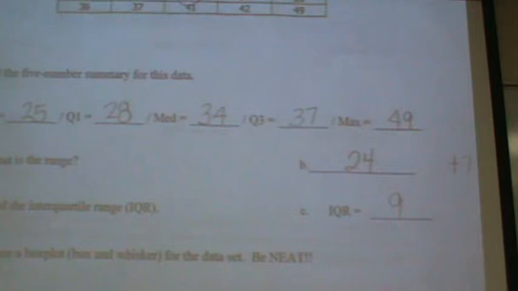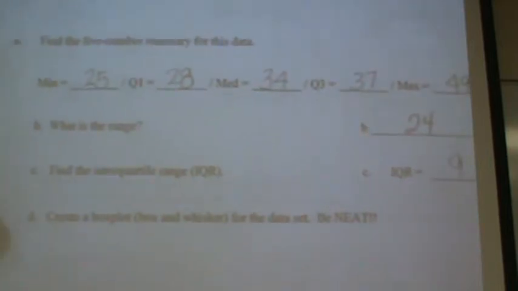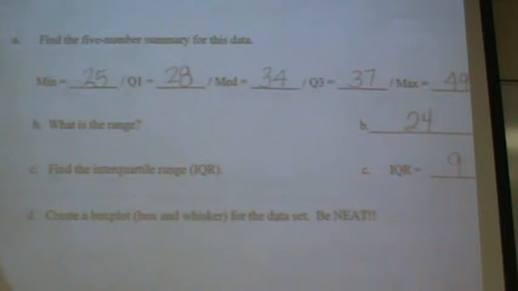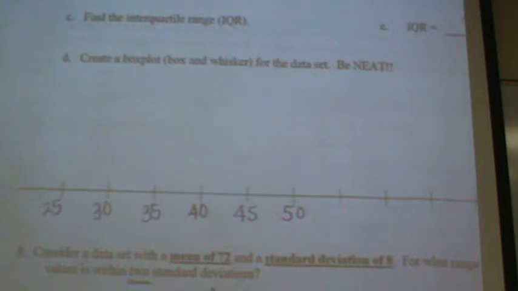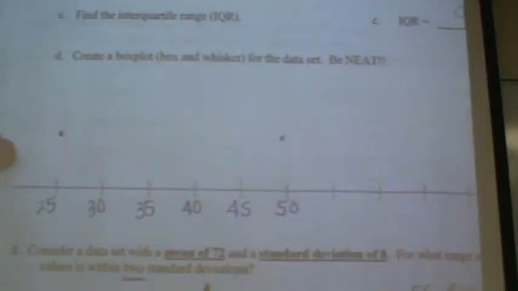Now, how do you make a box and whisker? You take your lowest. So let's say you started with 25. Did you guys go by 5s? 30, 35, 40, 45, and 50. So you could have gone by 5. Some people went by 3s, but 25 is your lowest. 49 is your highest.